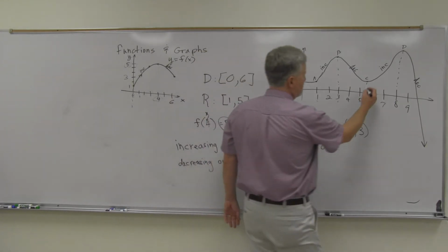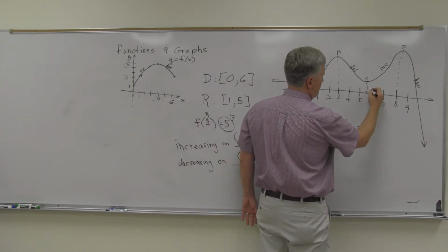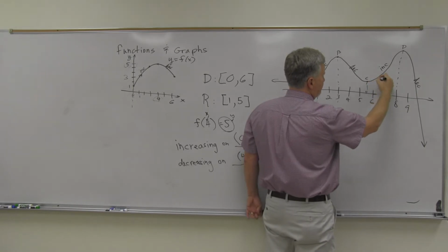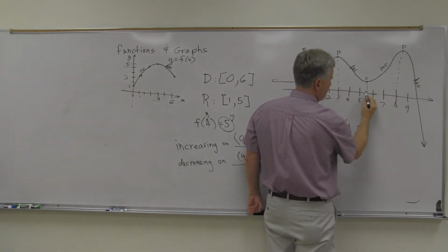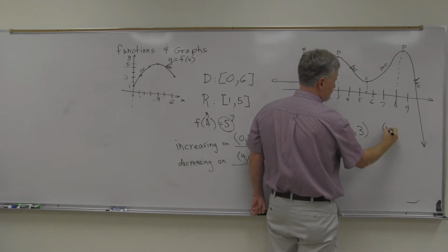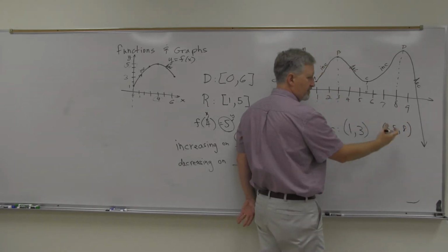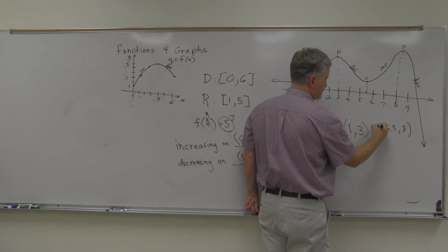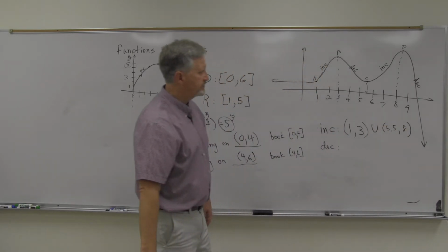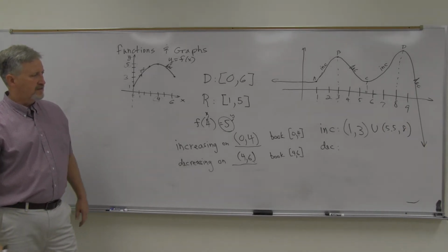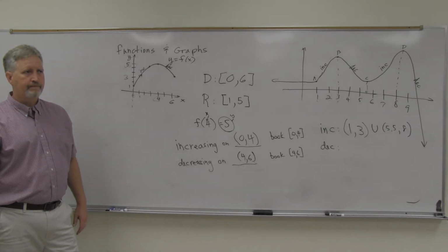So this one, all right, C starts our increasing point for the graph, and then C to D, that would be about 5.5 to 8. So there's two parts, and whenever you have two parts like that, what you'll usually see is that union symbol between them, to connect them. Is that okay?